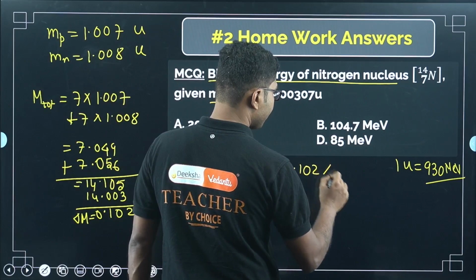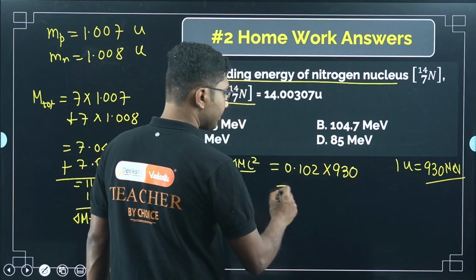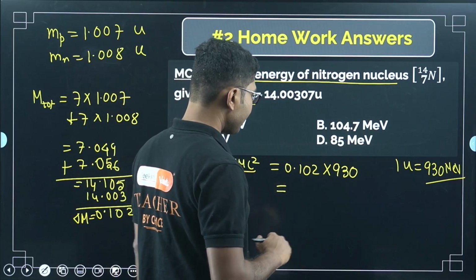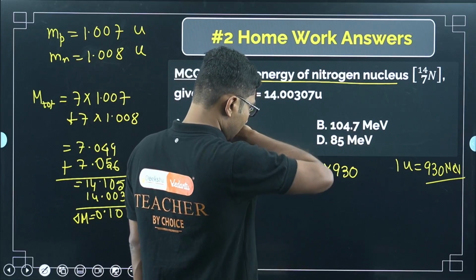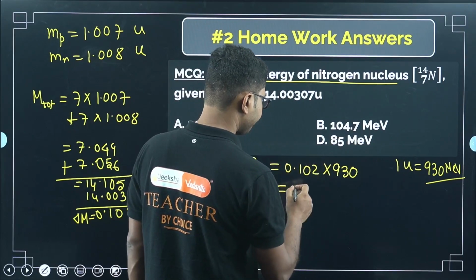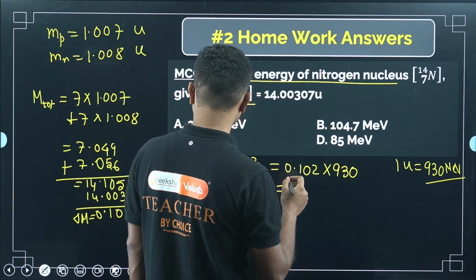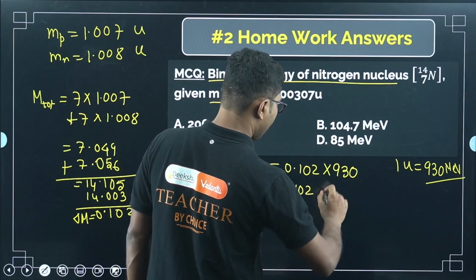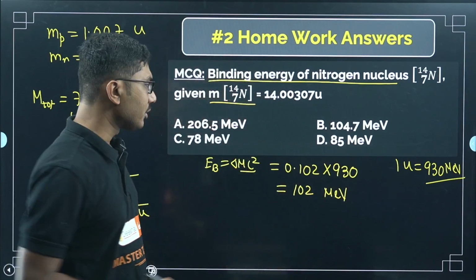So 0.102 times 930 MeV. As you can see, 102 by 1000 times 1000 is almost equal to 102 MeV.